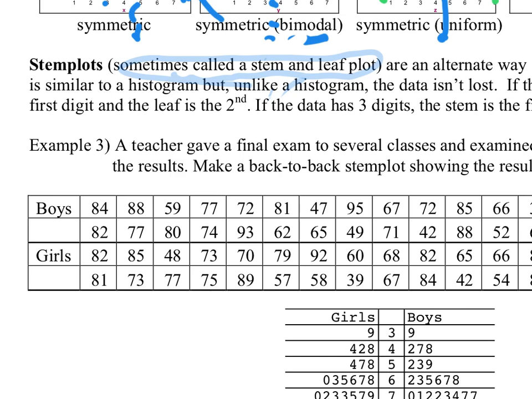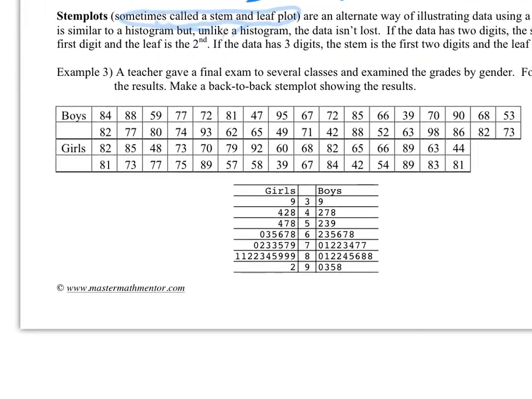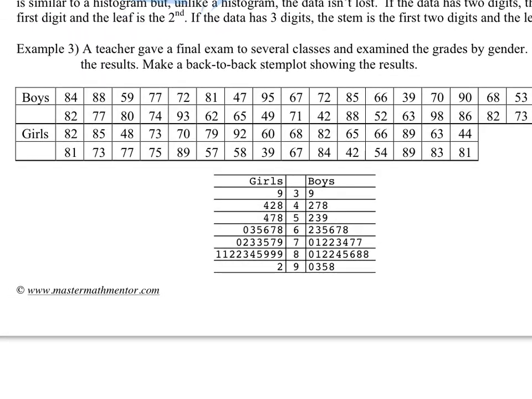This stem plot is already done for you. Take a look at it here. Thank goodness you're not having to do it. But if you look very closely, this data here, all the girls, these two numbers go together as the girl data. That's a 93. I'm sorry, I lied.